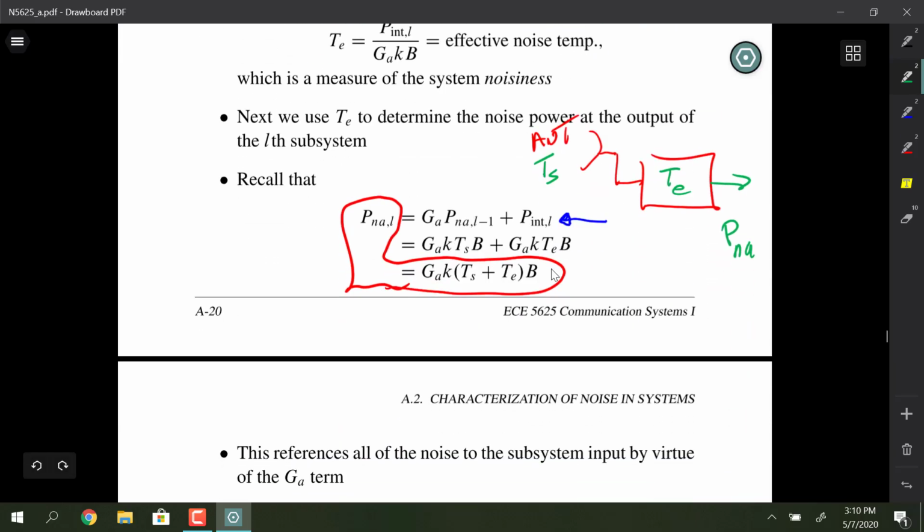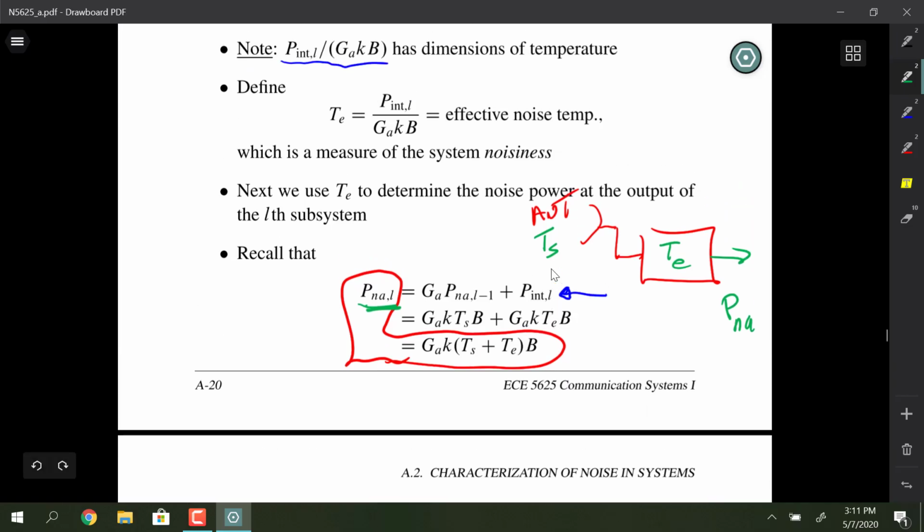But then this equation down here is important because if we're modeling a system and want to find the noise power at the output of that system, the available noise power at the output of an equivalent system that has some temperature TE and it has some noise temperature of the input, TS, then we can get the noise power in dBW or dBm that's sitting there at the output. And when we do our link budget analysis a little bit later from now, we'll have a transmit power from the transmitter.